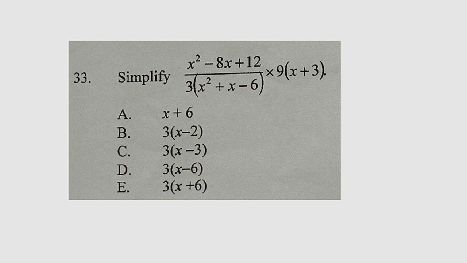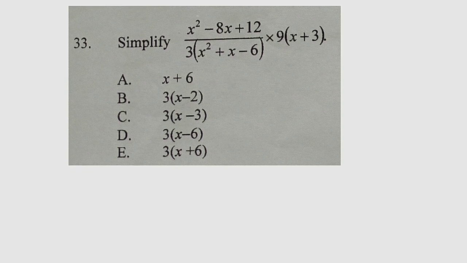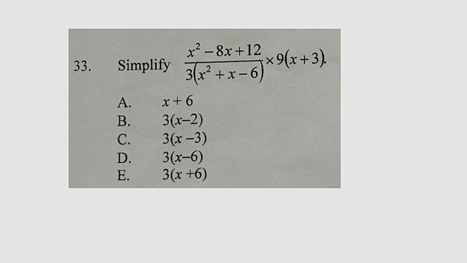Question number 33, we are asked to simplify the whole of this expression. This is factorable. This is also factorable. So let us factorize them. To the top, we have x squared minus 8x plus 12. We're going to think of two numbers that we can multiply together to get 12, but when we add them together, we get negative 8.